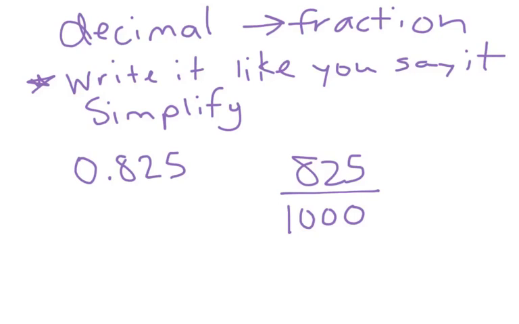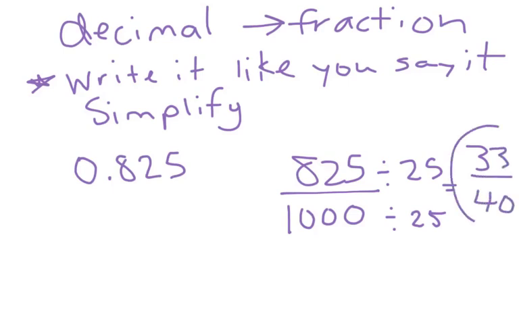But if you didn't know, you could take it by 5s if you wanted to, or see if there's anything else that's divisible into both of those. And if I divide by 25, I simplify it into, let's see, 33/40ths. And that's it. That's how you change a decimal into a fraction.